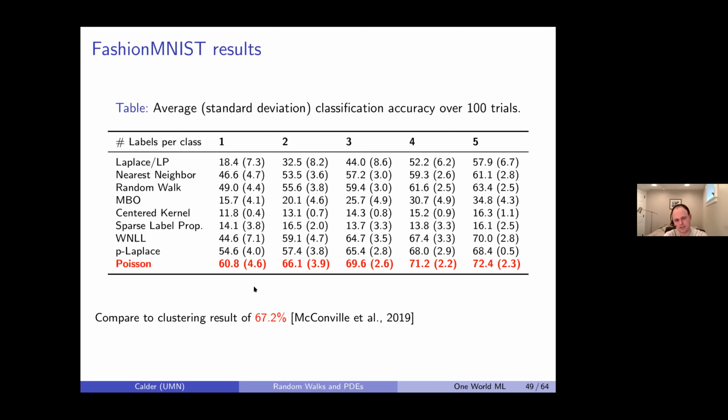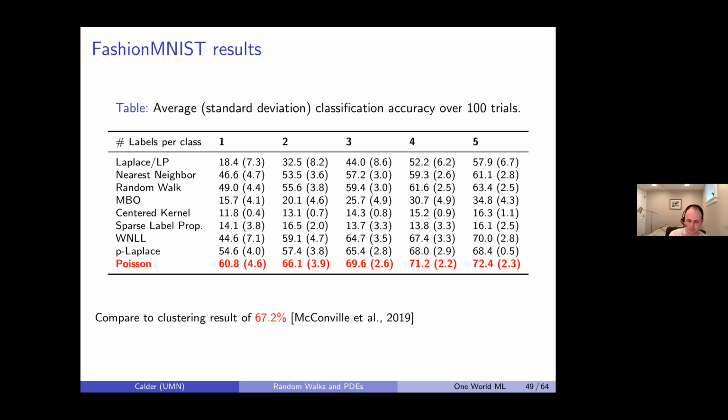On Fashion MNIST, the results are a bit worse because it's a harder data set, but the same trend is shown here. You can compare these kinds of results. When you're looking at semi-supervised classification with very few labels, it's more apt to compare it to clustering.